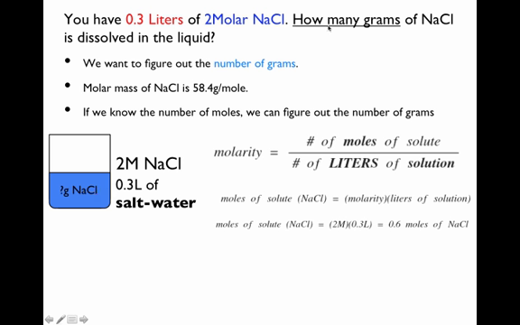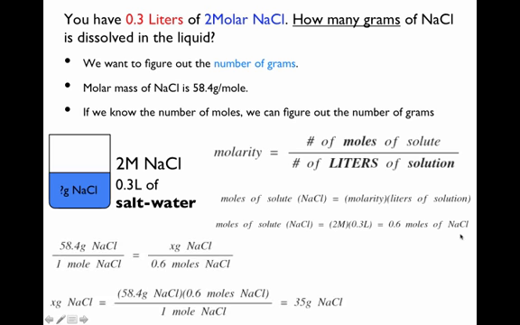The question is how many grams of table salt. But if you remember, I said that if you know how many moles of something you have and you know the formula, which we do, we can figure out how many grams of it we have. So we know that the molar mass of table salt is 58.4 grams. So there are 58.4 grams of table salt for every 1 mole of table salt. But we don't have 1 mole of table salt.